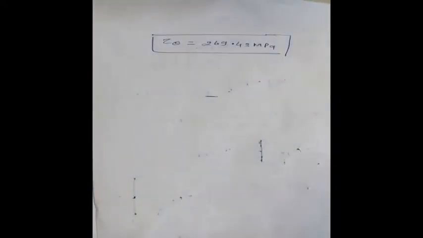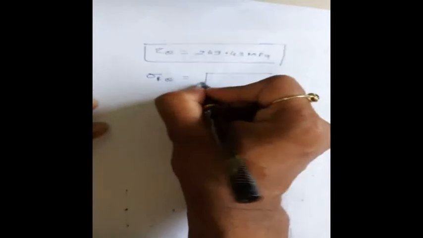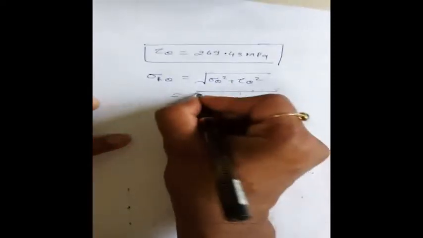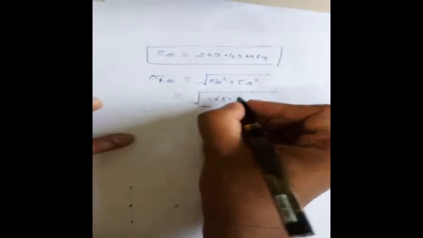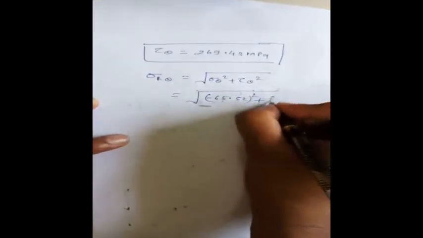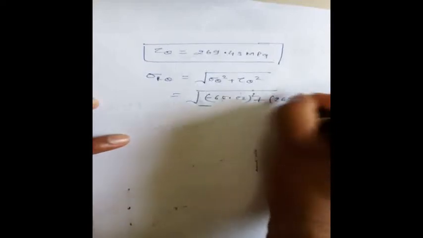So this is the value of tau theta. Now the question is asking, we have to find out the resultant stress at the 20 degree plane. So resultant stress is nothing but the square root of sigma theta square plus tau theta square. So sigma theta value is minus 65.52 whole square plus 269.43 whole square.